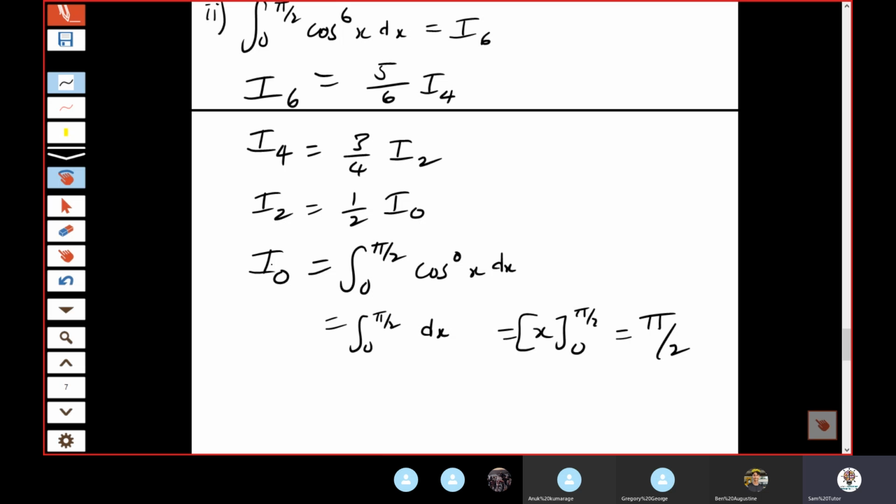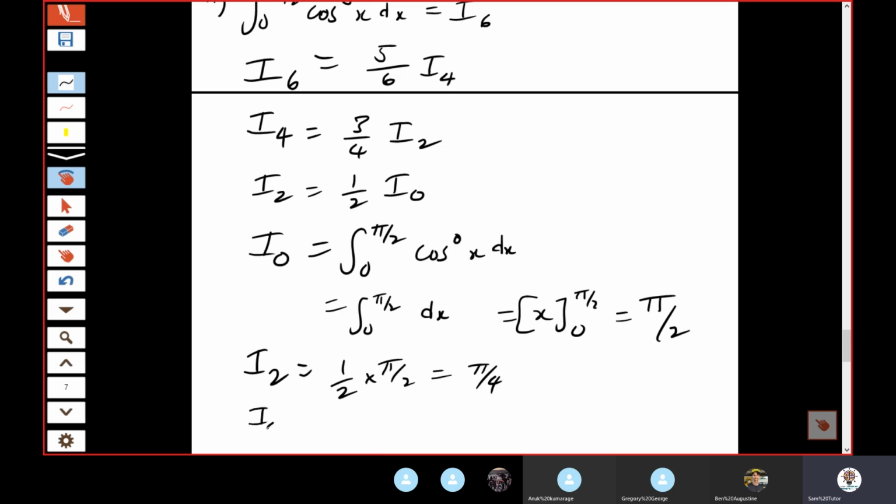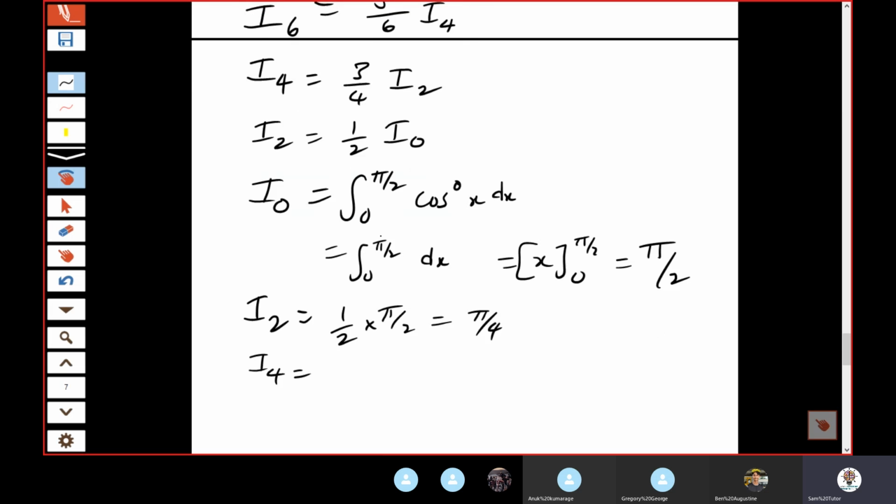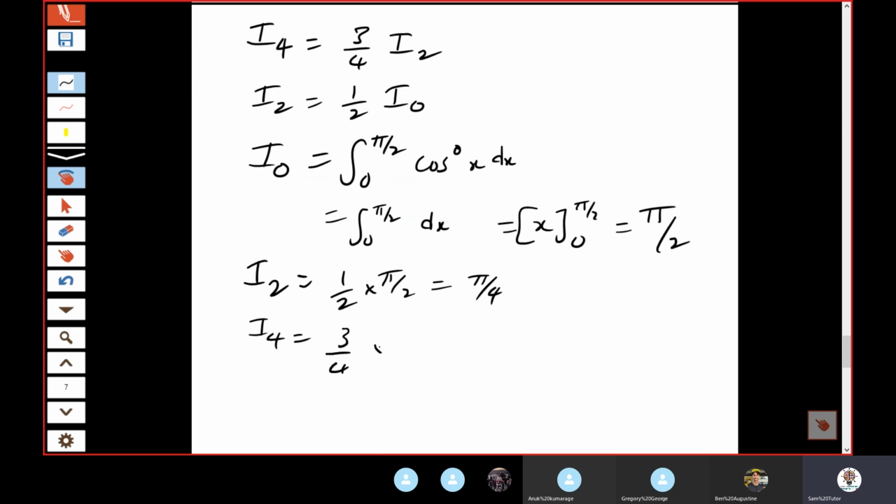Now that you found I0, you're going to go backwards. You're going to write I2. I2 is half of I0. Half of pi on 2. I4. I4 is 3/4 of I2.